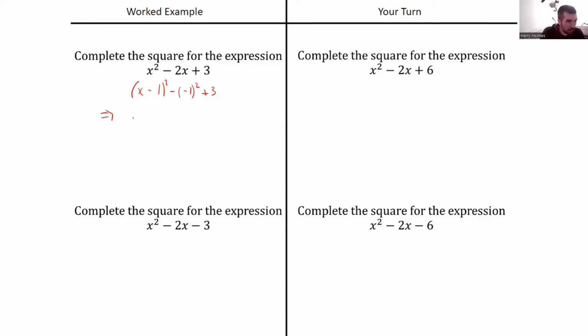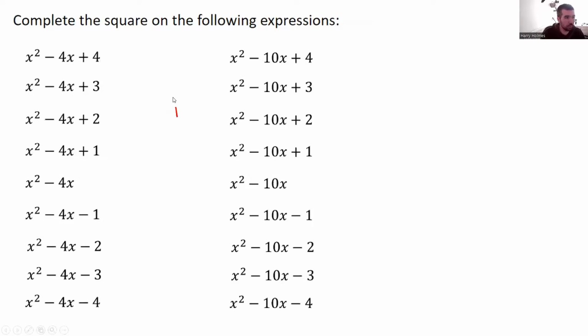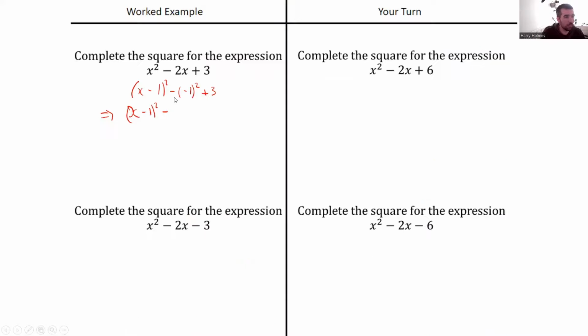So we've got x take 1 squared, take away minus 1 times minus 1 is plus 1. But we are taking that away. Apologies for that. We are taking away 1. The minus 1 times minus 1 is positive 1. And then there's a minus in front of that bracket. So it's minus 1. And then we've got this plus 3 guy that's still hanging around, not done anything with him yet.